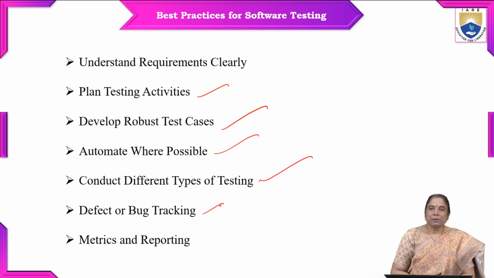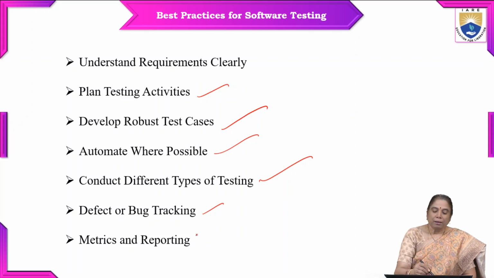Later, defects must be tracked. After identification, defects must be posted in the defect profile so that they can be properly tracked, and each defect must be closed by following the defect life cycle. Then come metrics and reporting.